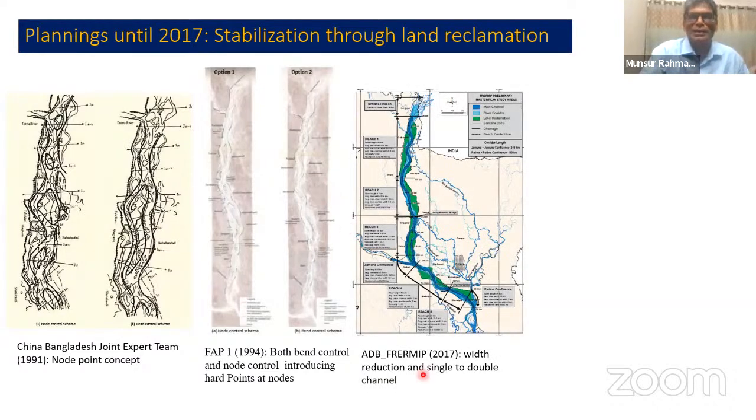And then it came to the focus on land reclamation because economic development, etc., became very important. And many people involved in this kind of work claim that the channel can be made into something like a single meandering channel or double meandering channel.